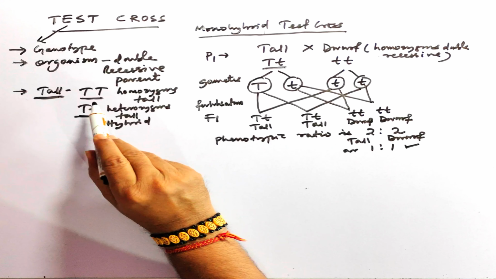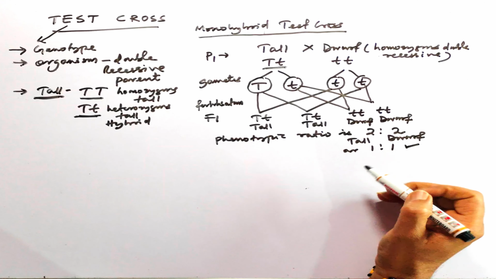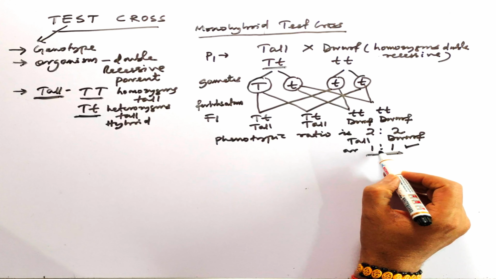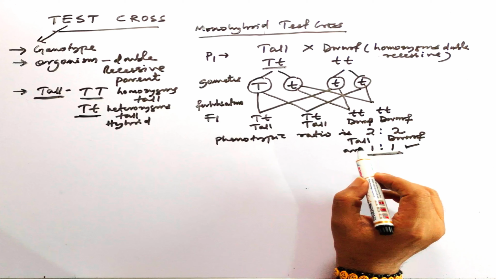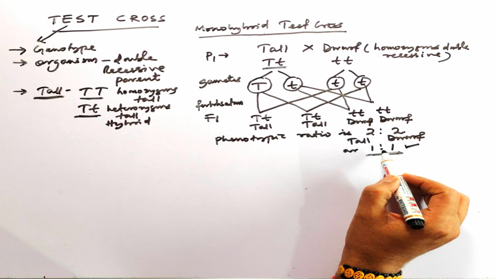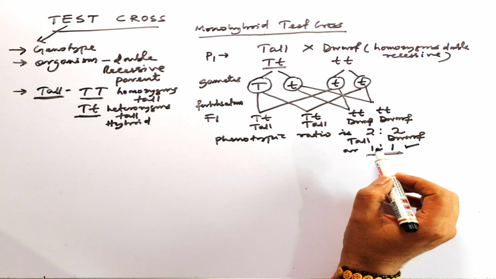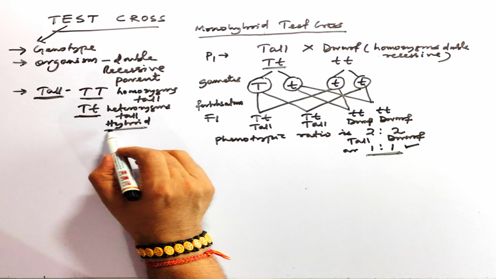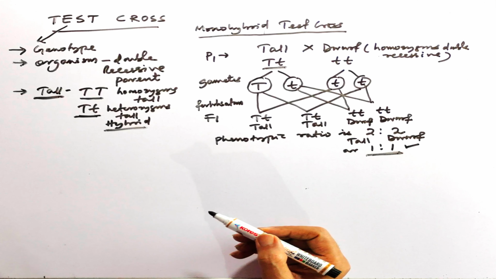If we take the homozygous tall, we could not get this ratio. So when we get 1:1, this must be the heterozygous tall or the hybrid. So we finally conclude this is the hybrid.